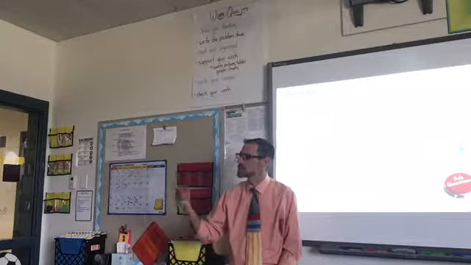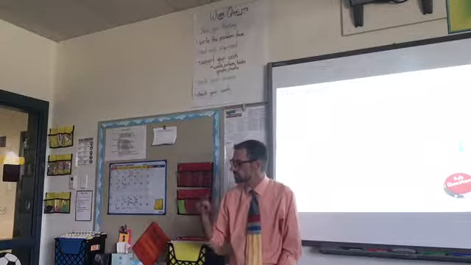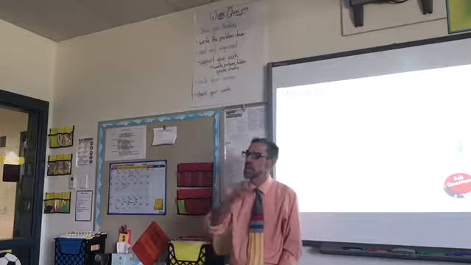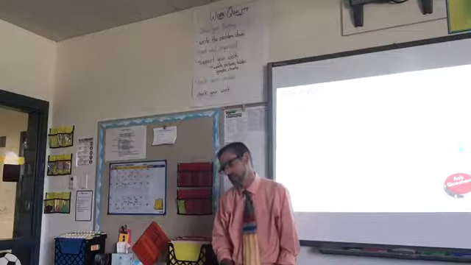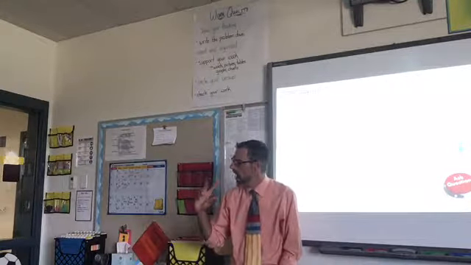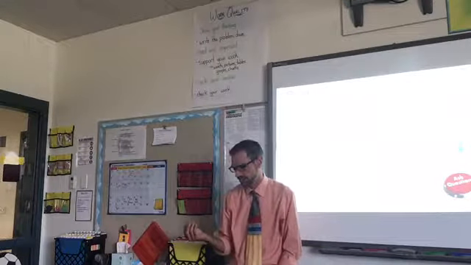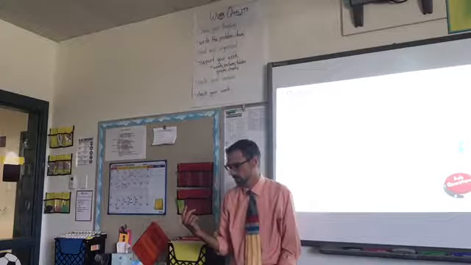In a subtraction number sentence, the sum gets subtracted by an addend, and then it equals the other addend. That's what you need to understand, is how can I create a subtraction number sentence from a fact family, and how can I create an addition number sentence? Okay, get going.